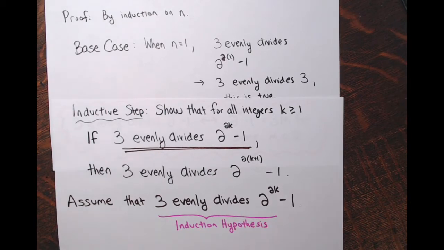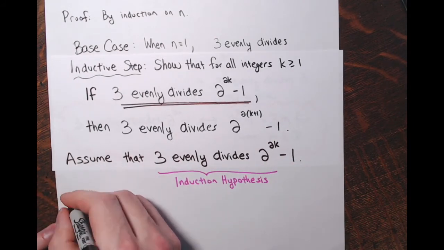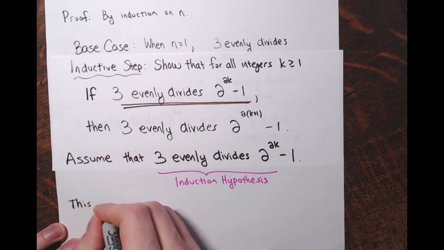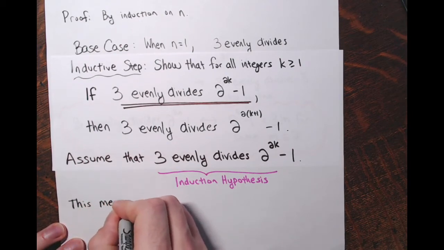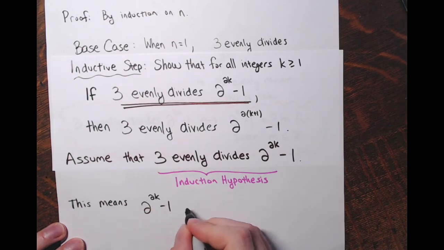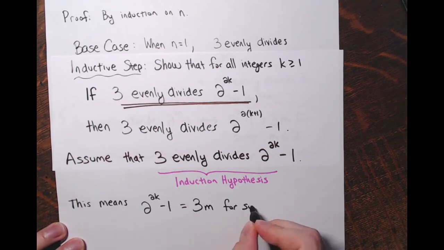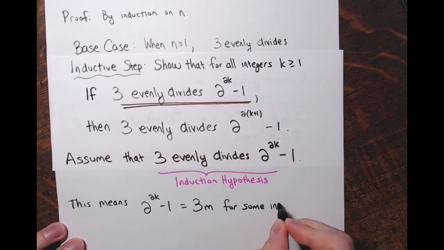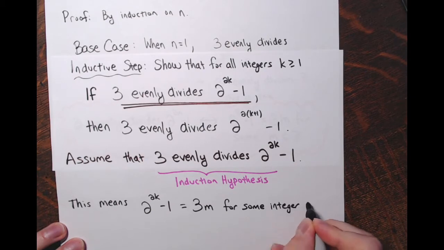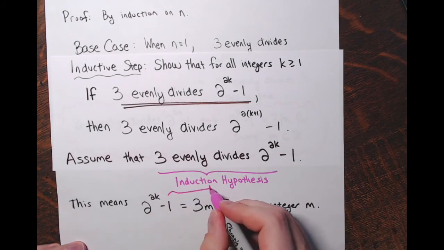Now, as I mentioned earlier, by the definition of divides, this means that 2 to the 2k minus 1 is equal to 3 times m for some integer m. All right. So again, this is just another way of wording the induction hypothesis.